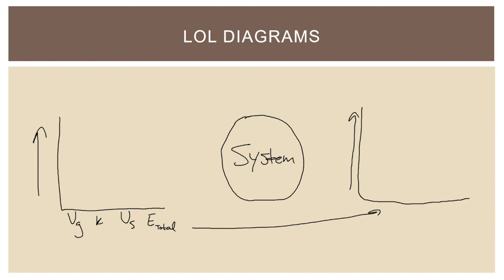And the way they represent work being done on or by the system is they have arrows showing whether the work is negative, and so it's taking energy away from the system, and so they have the arrow going out, or they have the work being shown as positive, and they have the arrow coming in. Of course, you can use this to write the conservation of energy equation if you want.